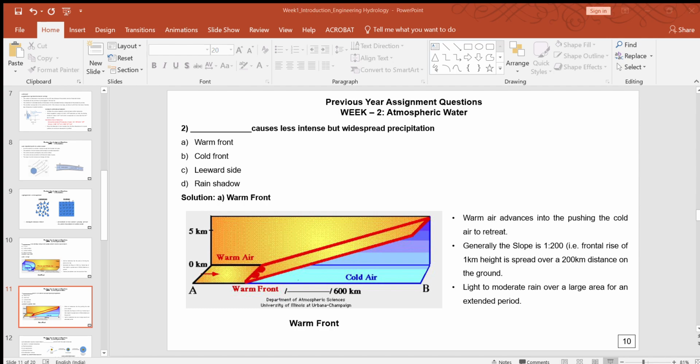So the slope of the warm front is 1:200. So for every 1 kilometer rise, it will be spread over a distance of 200 kilometers on the ground. It has a widespread rainfall, but it will not produce a very intense rainfall. Understood? Yes, sir.